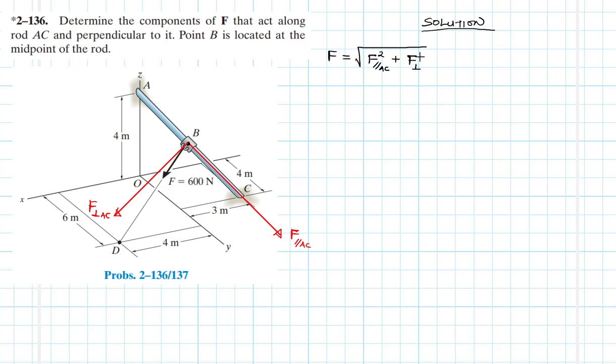Or if you don't want this, you can also say F itself, the first vector F, is also equal to, this is another way of expressing it, the parallel force vector, parallel to AC, plus the perpendicular vector to AC.